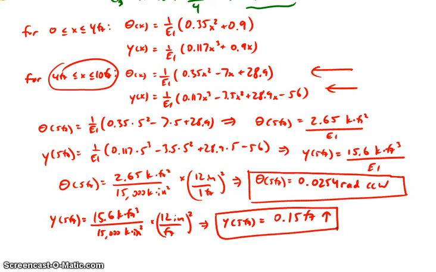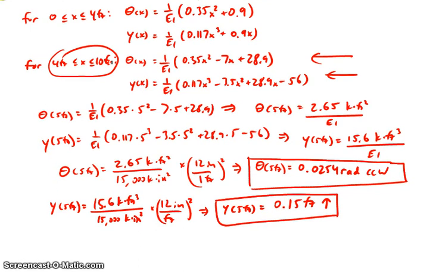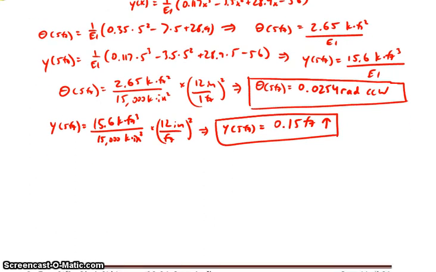Either answer is correct. So the question said find rotation and deflection at midspan and also draw the deflected shape and label it. So the final thing we'll do is draw and label the deflected shape. The steps to drawing the deflected shape are draw your original beam, so we have a simply supported beam with a pin on the left and a roller on the right.